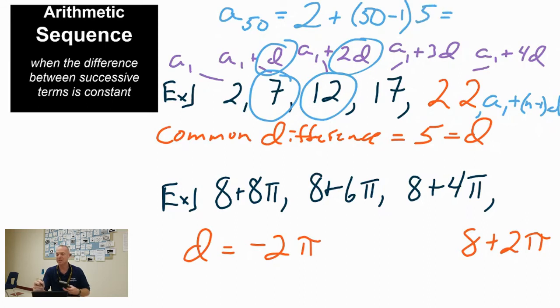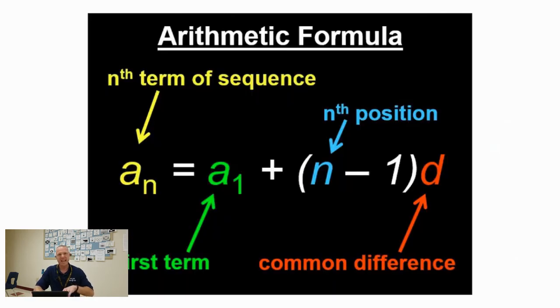And we got ourselves a pretty easy little equation here where we can just find out that we have 49 fives, which is 245, plus 2, that first term, we end up with 247. A sub n, the nth term. It's always the first term plus n minus 1 times common difference.